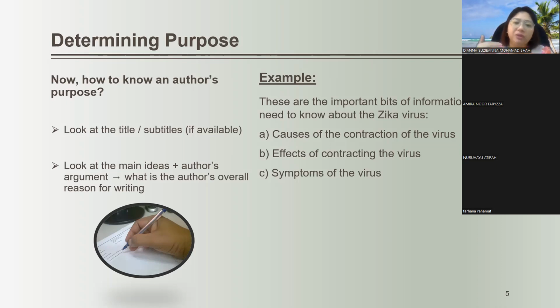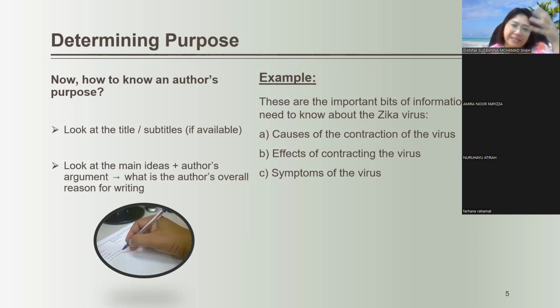So you may need to take a look at the title or the subtitle. Once you have the title, but you cannot identify whether these ideas are to inform, to instruct, to entertain, or to persuade, you need to look at the main idea.